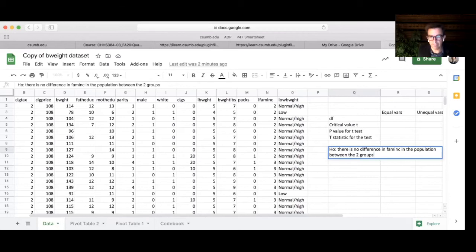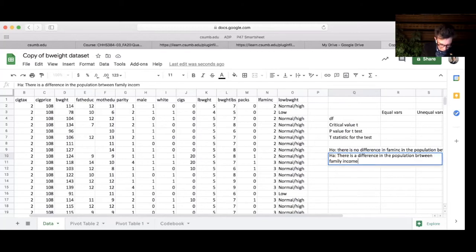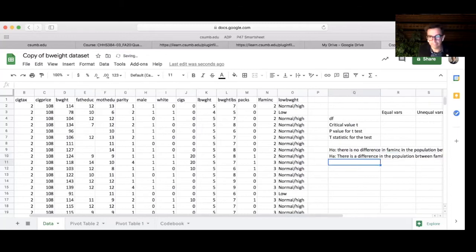There's no difference in family income. That's H0. And the alternative would be, there is a difference in the population in family income across both groups. There is a difference. All right, good.